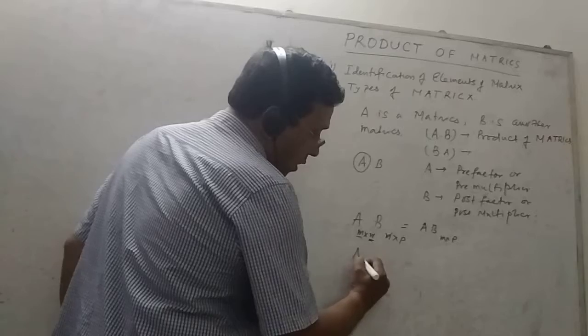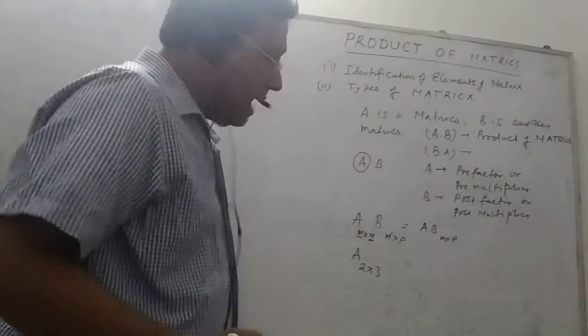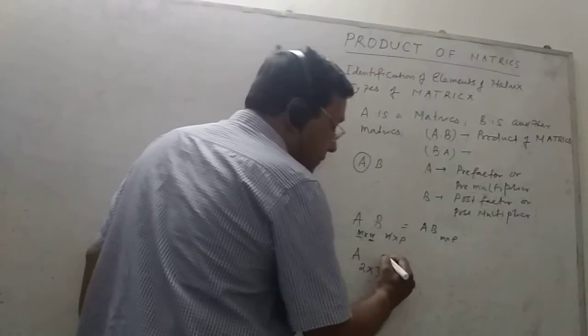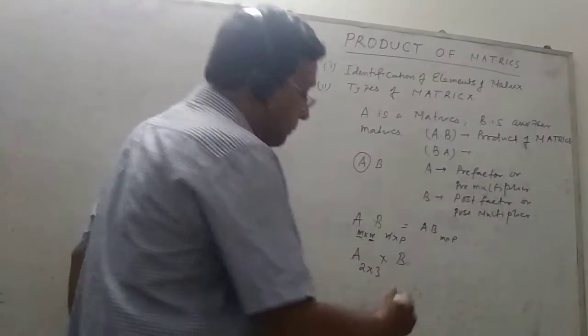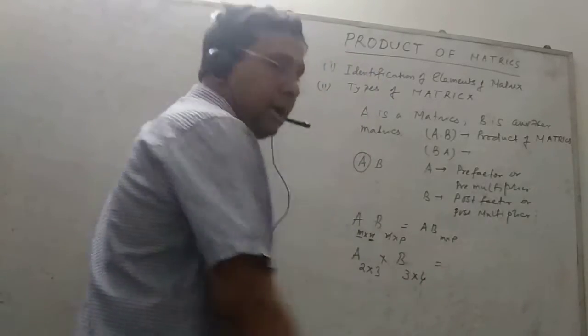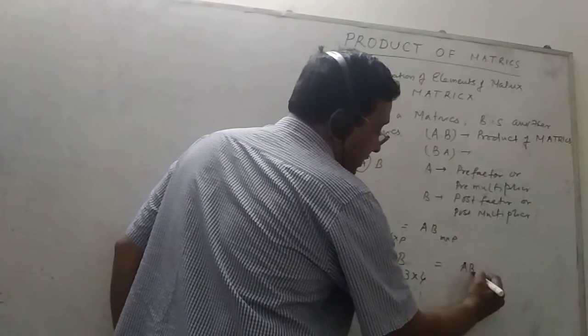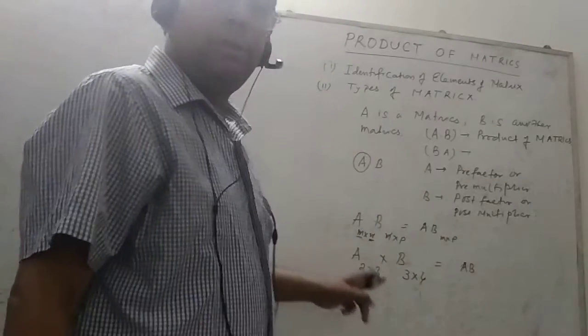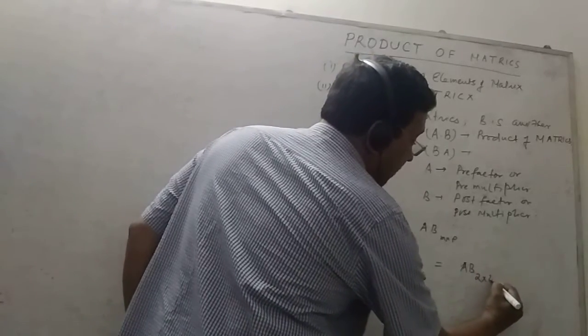Suppose a matrix order is 2 by 3, and another matrix, a post multiplier matrix, is 3 by 4. After the product, what will be the order of the AB matrix? The order will be 2 by 4.